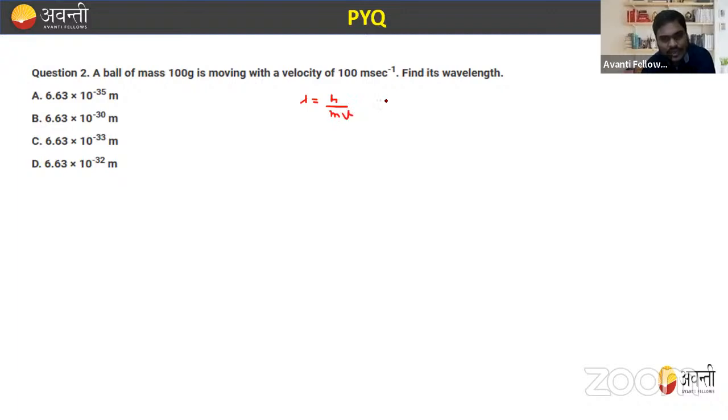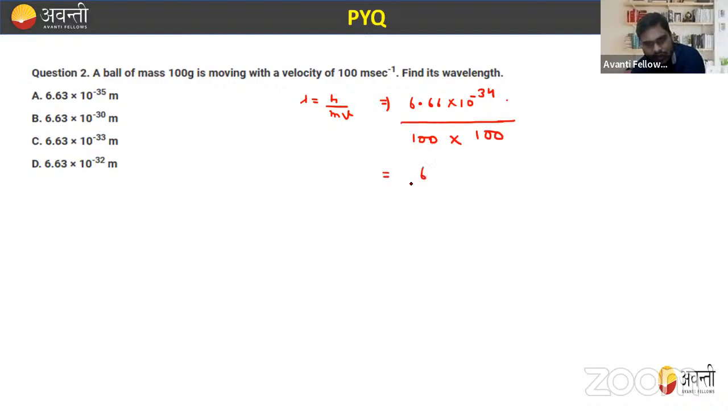Here you have to calculate the wavelength, that is lambda. What is h? We know that h is equal to 6.63 into 10 raised to the power minus 34. What is m here? 100 gram. What is v here? 100 meter per second. Just solve this.